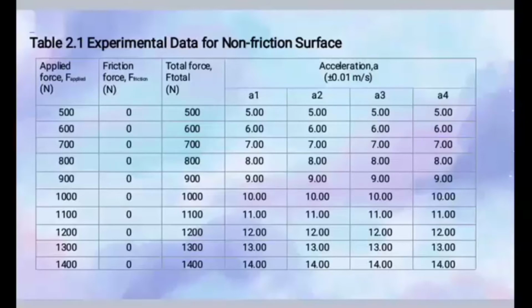We use acceleration in this experiment 5.00, acceleration 2 5.00, and the same goes to acceleration 3 and 4. And next we continue with 600, 700, 800, 900, and the total force will be the same as the applied force.